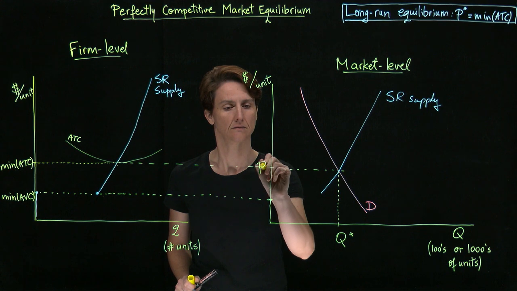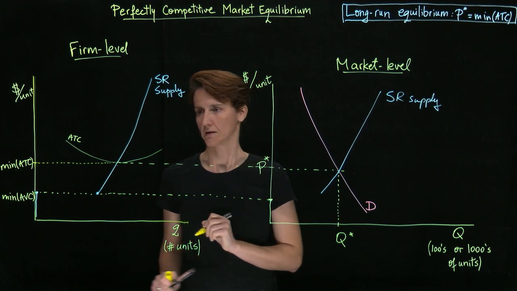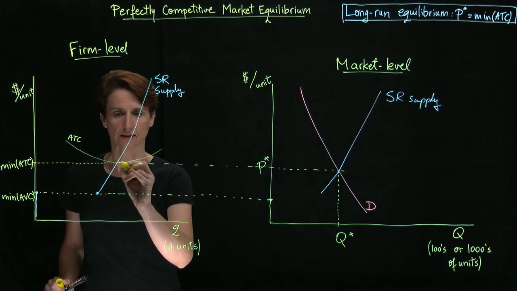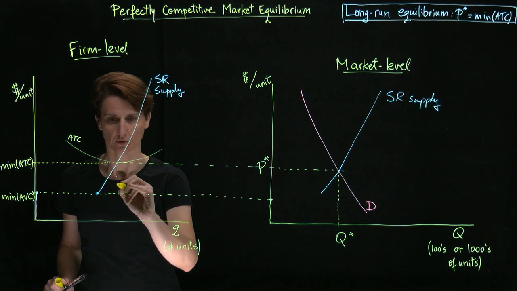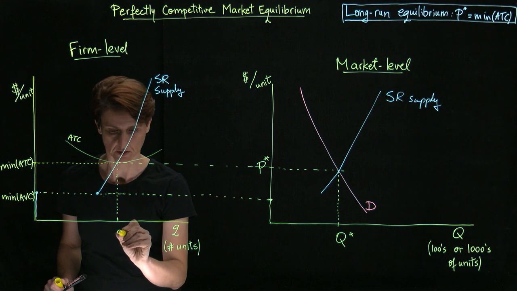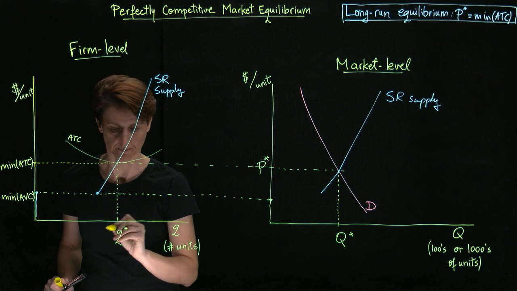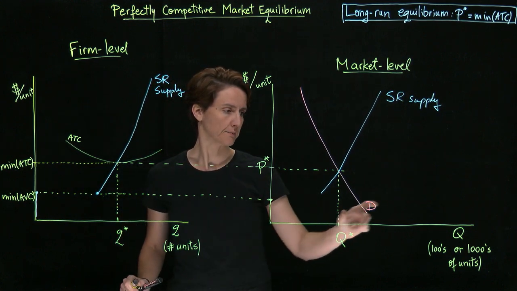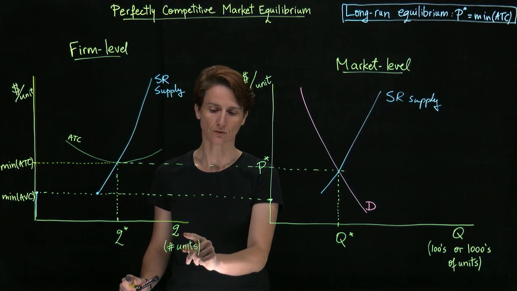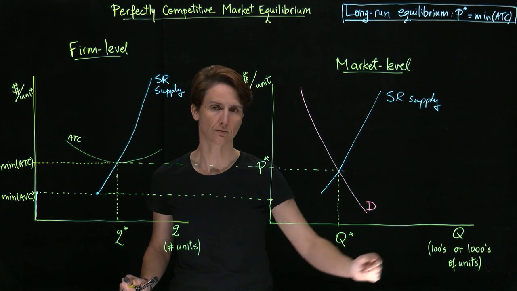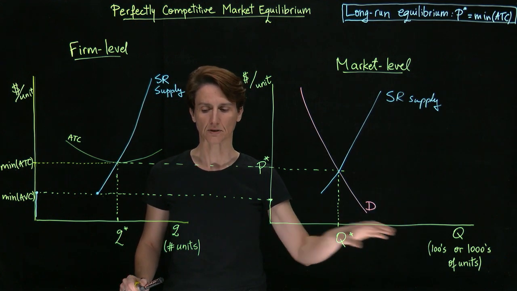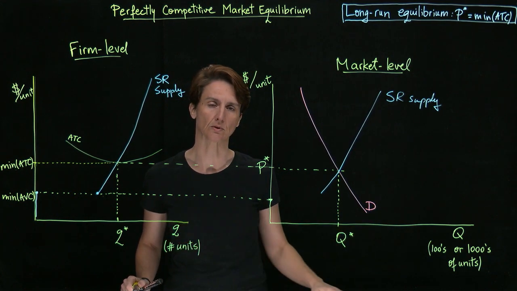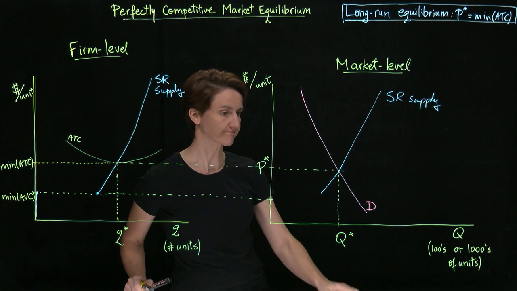This is P star. Well, at that price, each firm wants to produce a very specific amount, Q star, small q. Note that I'm now starting to use small q for the firm level quantity and big Q for market level. That's simply to make it easier to distinguish between the two levels of analysis.